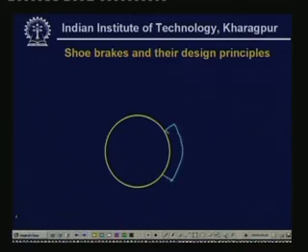So, this is the brake shoe, and here we have the friction material. So, this is the drum, this is the shoe, and this is the friction material, and we apply force over here.